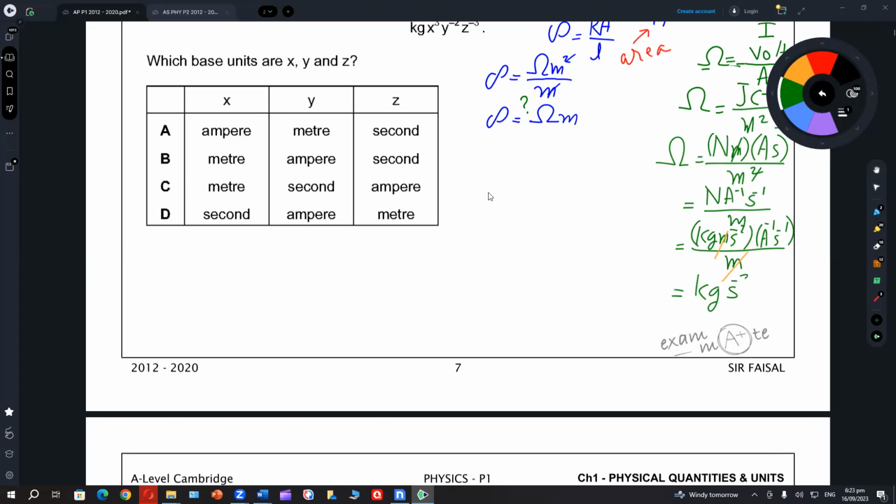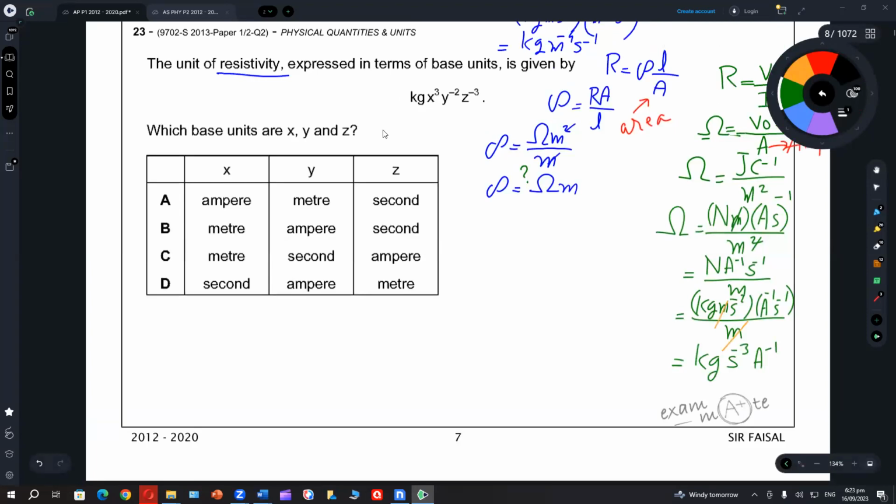So it will be S -3 and A -1. Put it here in omega.